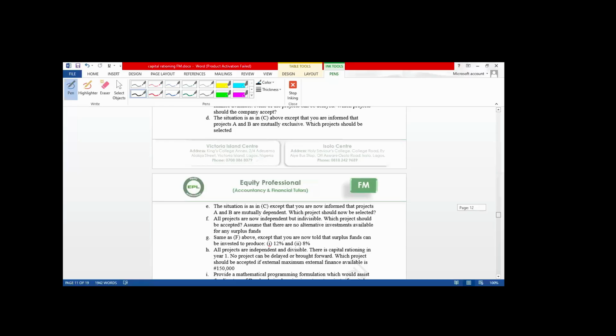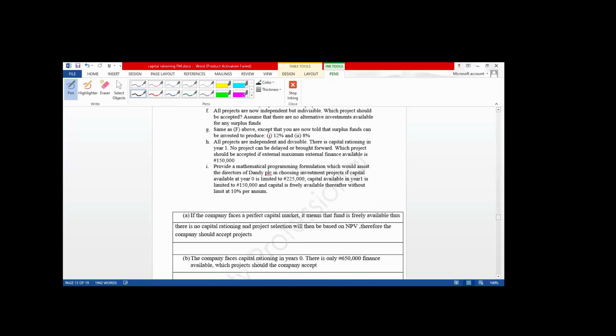Look at response to A. If the company faces a perfect capital market, it means fund capital is freely available. Therefore, there is no capital rationing. Hence, project selection will be based on net present value.